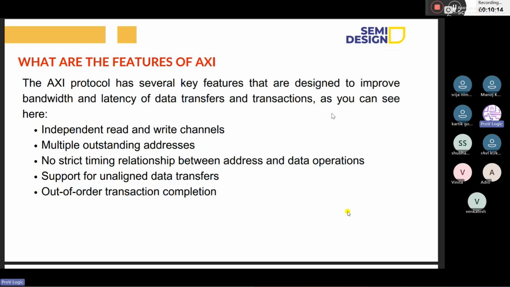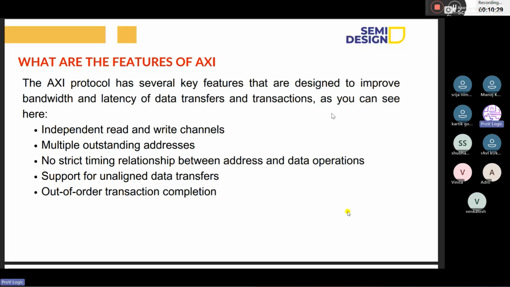Based on that, the address is aligned, right? But the AXI protocol transfers unaligned data, so that we can access the memory easily and flexibly.